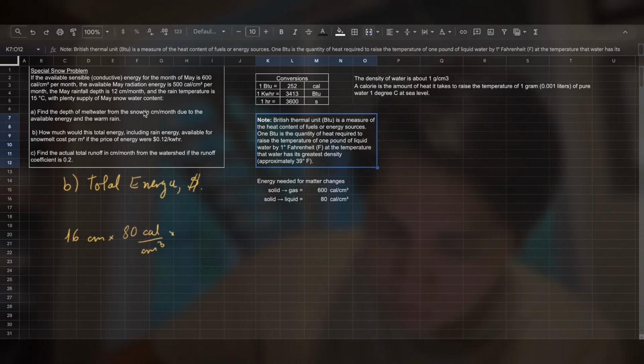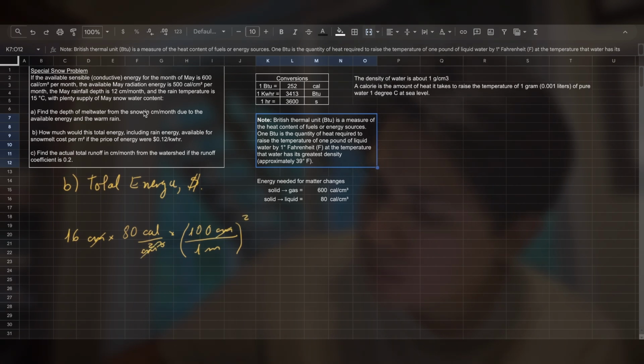And then we want to convert those. If we cancel this and this, we have square centimeters. We want to convert those square centimeters to square meters. So we have 100 centimeters in 1 meter, and we want square centimeters at the top, so we square this.